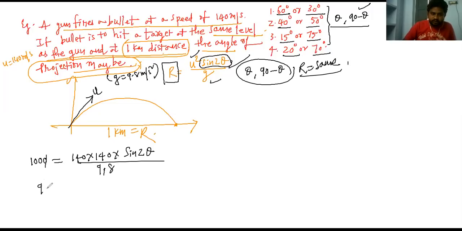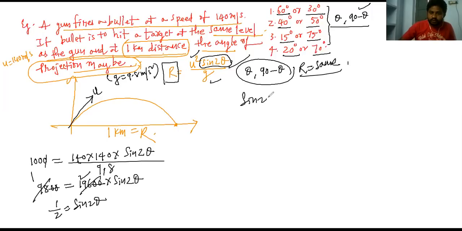So this is 9800, which is equal to 14 times 14 is 196, and 2 zeros have been kept, into sine 2 theta. 2 zeros and 2 zeros gone. 98 ones are 98, 98 twos are 196. So 1 by 2 is equal to sine 2 theta. Sine 2 theta is 1 by 2 from here.